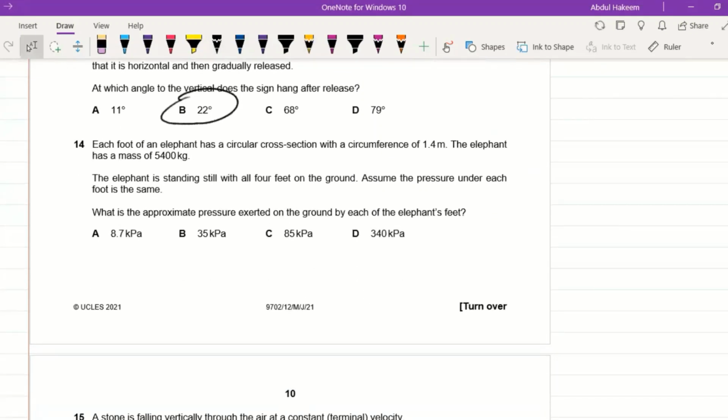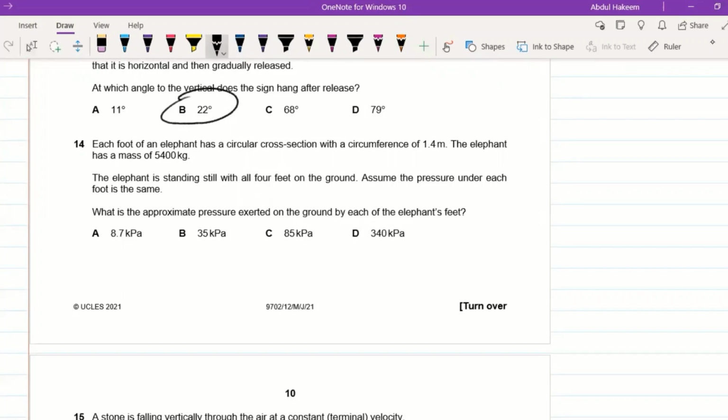Now the next is, each foot of an elephant has a circular cross-sectional area of circumference 1.4. The elephant has a mass of 5,400 kilogram. The elephant is standing still with all 4 feet on the ground, assuming the pressure under each foot is the same. What is the approximate pressure?